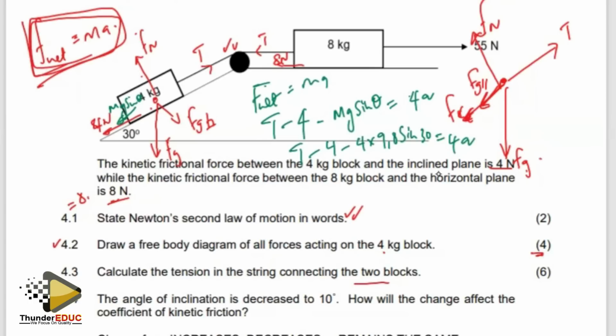So 4 times 9,8 is giving me 19,6. 19,6 plus 4, okay, which is going to be 23,6. So which means T is going to be 4a plus 23,6. This is going to be our equation number 2.